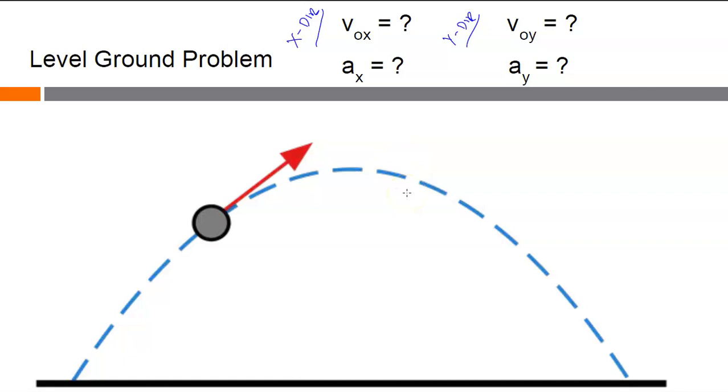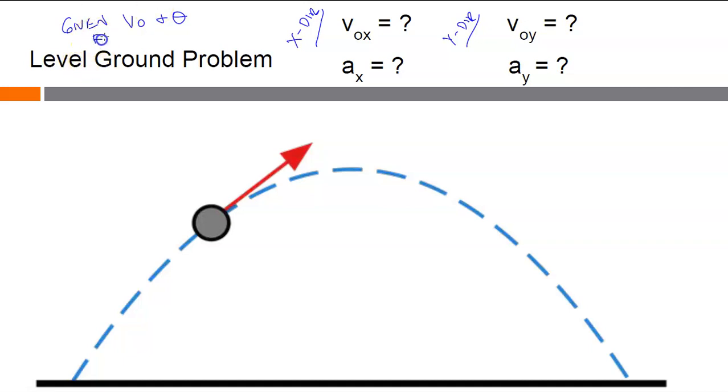Now, I'm going to walk you through the process of deriving this formula and show you how to use it. But in the end, what we want is to know what the initial velocity is and the angle. Given V0 and theta, we'd like to be able to find out several things: how long it's going to be in the air, and how far it goes to the right.